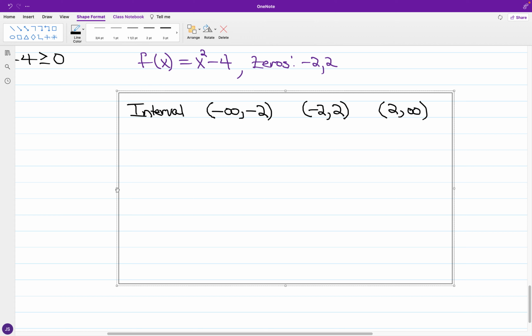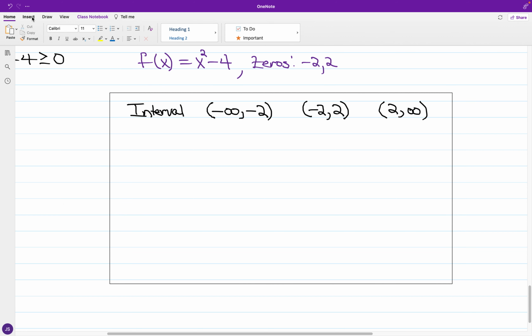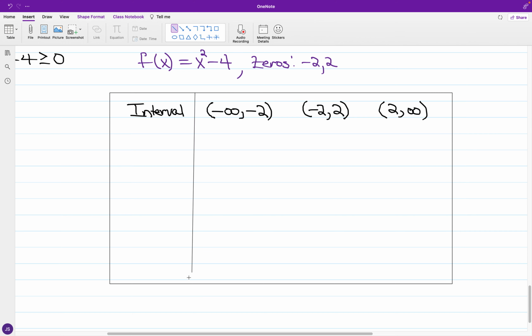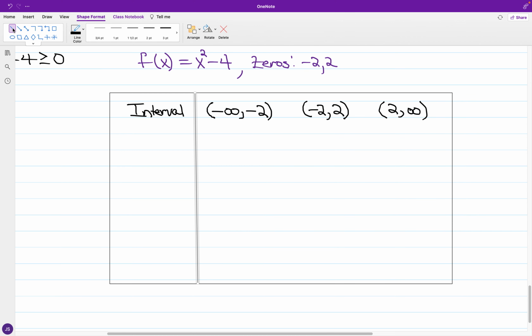Okay, so in this case we have 3 distinct interval sections. And what I'm going to do here is separate these and partition them out into separate rows and columns.